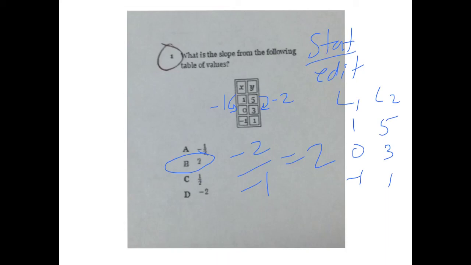Then stat calc 4, enter. It tells us that our A is 2 and our B is 3, and we learned that A is our slope. So again, it just points to 2.